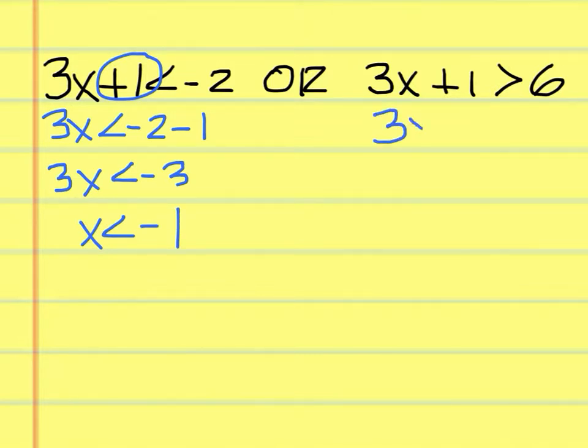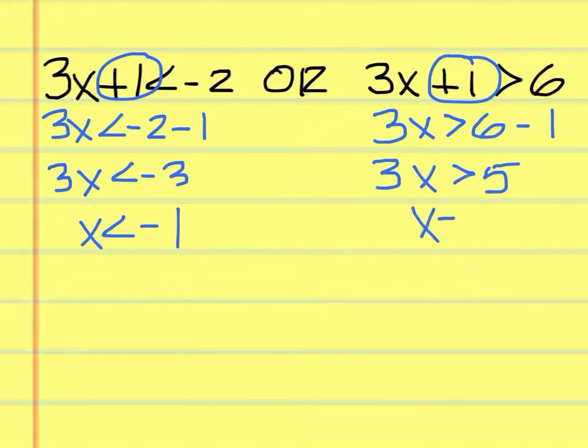On the right, you have 3x greater than 6 minus 1, that's the opposite of this. 3x greater than 5, divide the 5 by 3 to come up with 1 2/3. So x greater than 1 2/3.